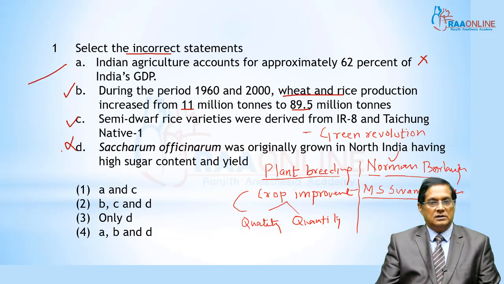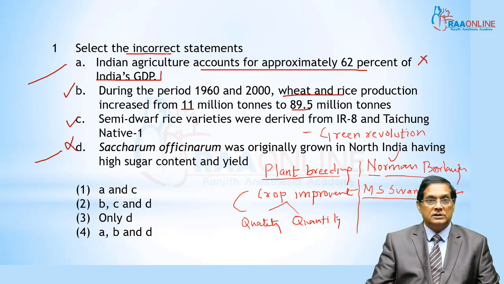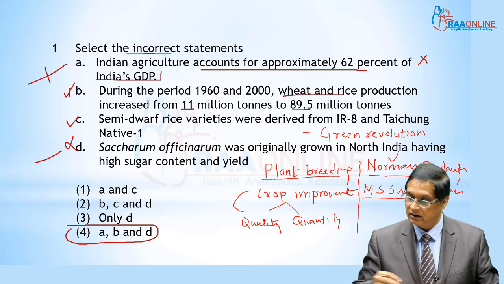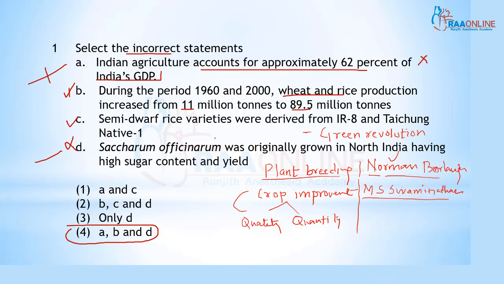So A, B, D wrong, because C is correct. They developed from the semi-dwarf variety Taichung Native, developed in Taiwan, right.